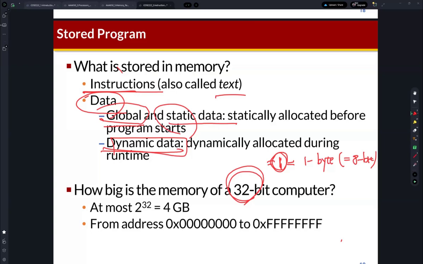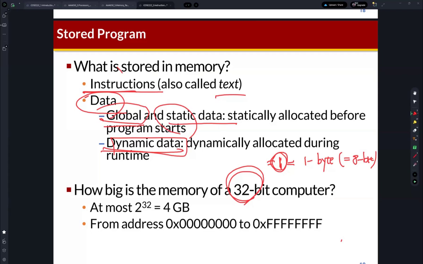So it is called a byte address, which means address 1 represents 1 byte of space. It's also important. Most computers use byte address, and RISC-V is the same. You can just understand that address 1 maps to 1 byte of space.